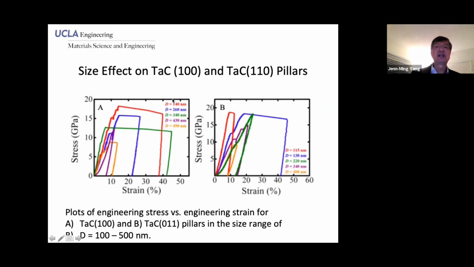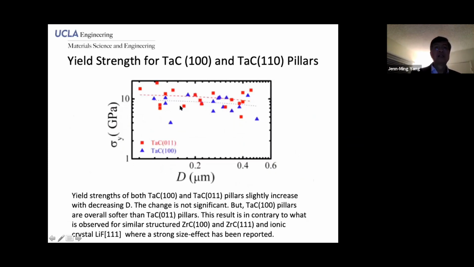Again, you can see that at different pillar diameters, what we found here is that the yield strength of tantalum carbide 100 and tantalum carbide 111 is nearly independent of the pillar diameter. The yield strength slightly increases with decreasing diameter, but the change is not significant.